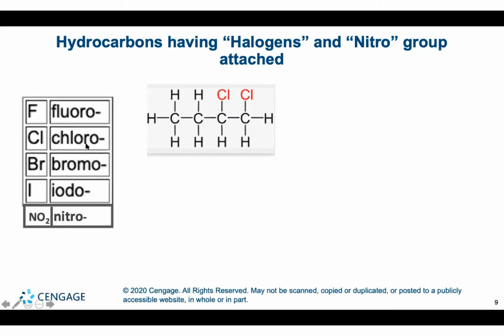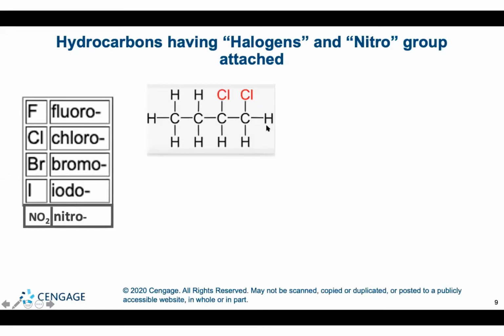For example, chlorine becomes chloro, fluorine becomes fluoro, bromine becomes bromo, iodine we have iodo. Even when you have an NO2, it becomes nitro.